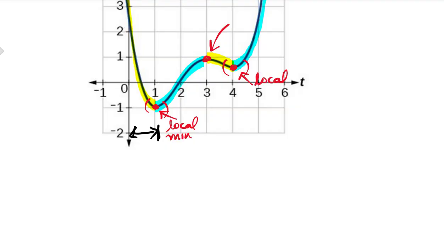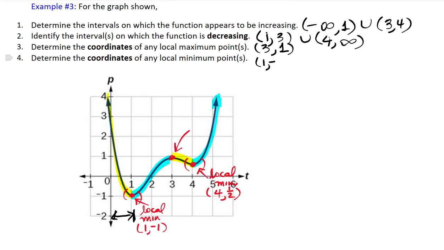Hence, that's a local min, which is at 1 comma negative 1. And here's another, which is at 4 comma roughly 1/2. So to answer question number 4, these are the local minimum.